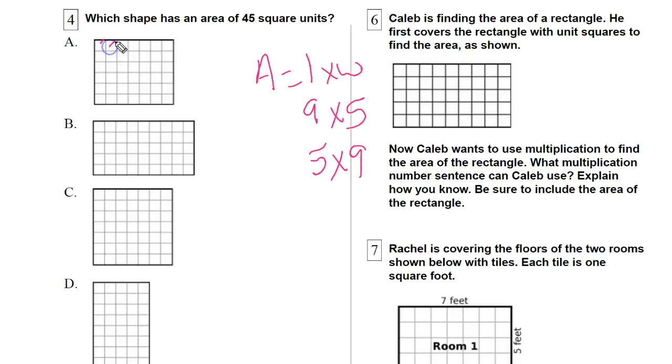Here I have 1, 2, 3, 4, 5, 6, 7, and then 1, 2, 3, 4, 5, 6. Does that work? No. Here I have 1, 2, 3, 4, 5. That's good. And let's see what else I have. I have 1, 2, 3, 4, 5, 6, 7, 8, 9. Will that one work? Yes. Answer is B.